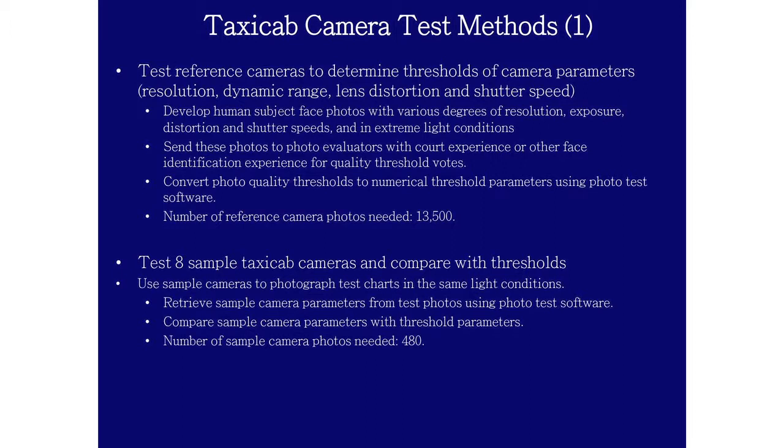To test the reference cameras, we developed human subject photos with various degrees of resolution degradation, underexposure and overexposure photos, distorted photos to simulate the lens distortion, and photos to simulate the motion blur to determine what kind of shutter speed we need to get acceptable facial photos.